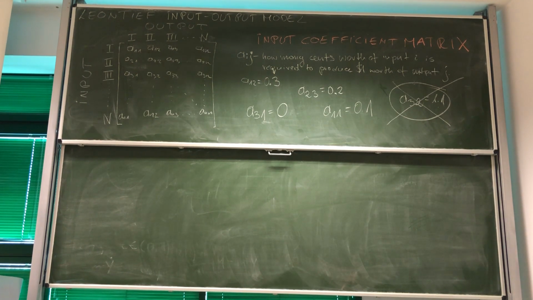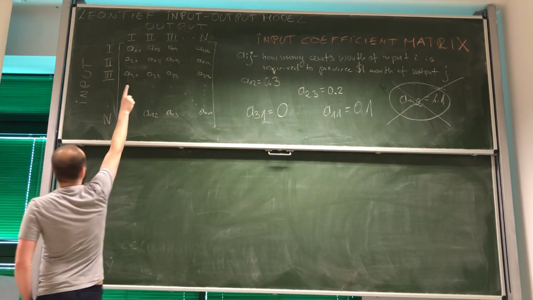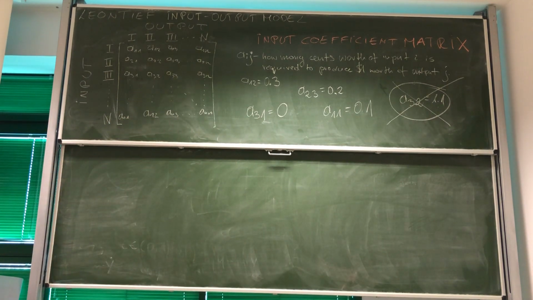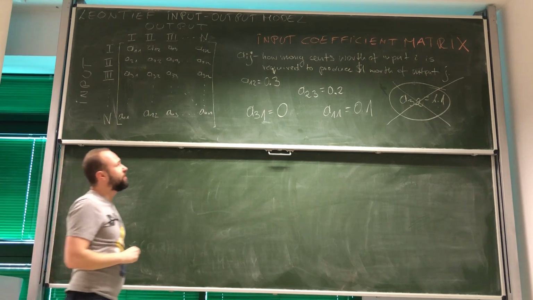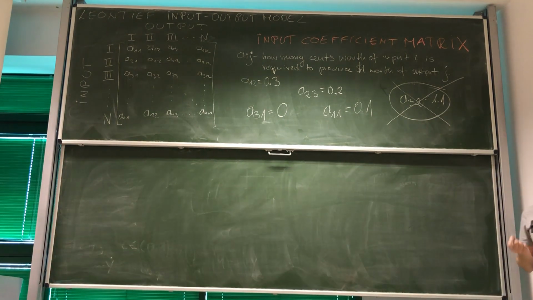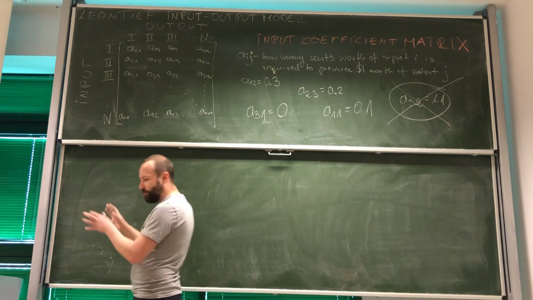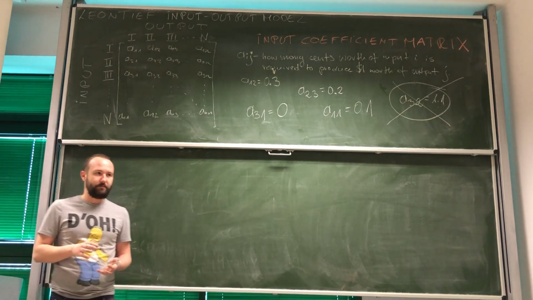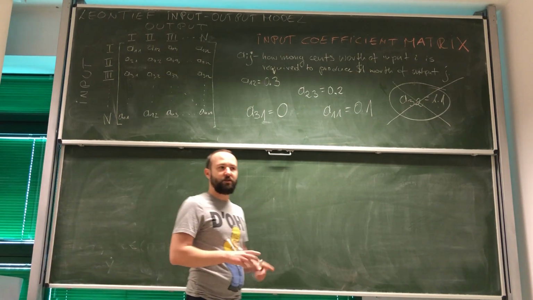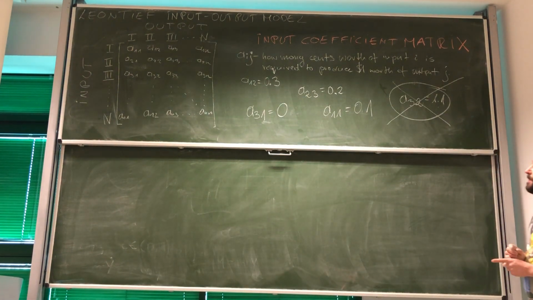Okay, now what we see over here in this input coefficient matrix are intermediate inputs. What does it mean, intermediate? You take something that somebody already produced and you use it to produce something different.